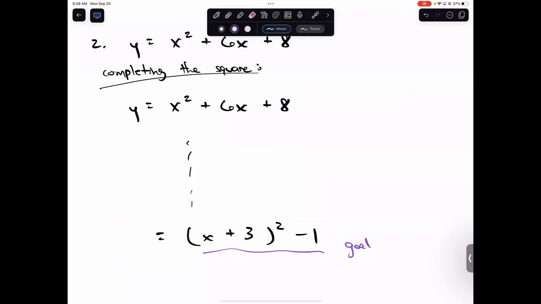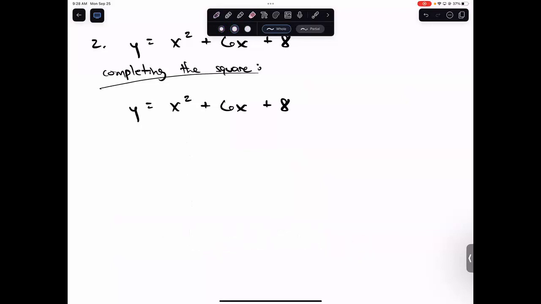Look at how we went the other way, because we're basically trying to reverse this process, right? x plus 3 squared means multiply two of them together. Multiply two of them together means distribute everything: FOIL, expand, however you want to say that.